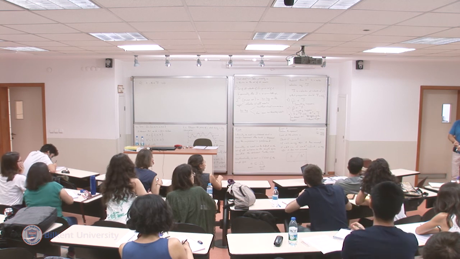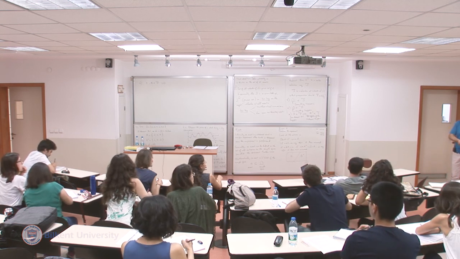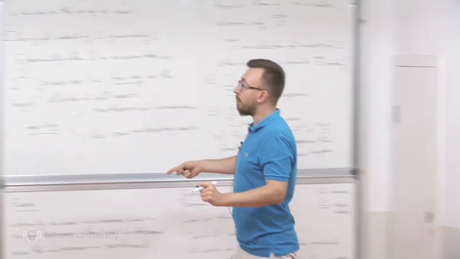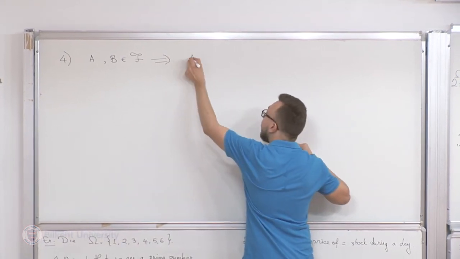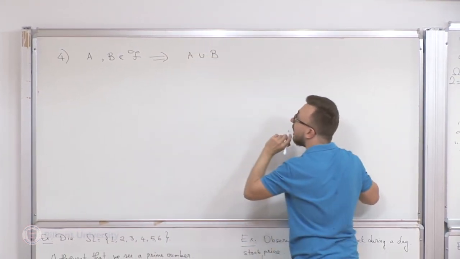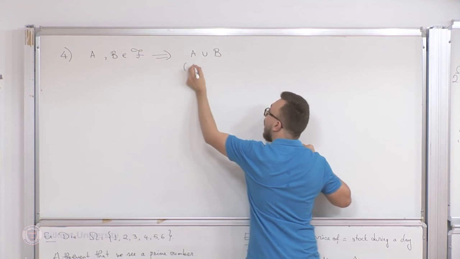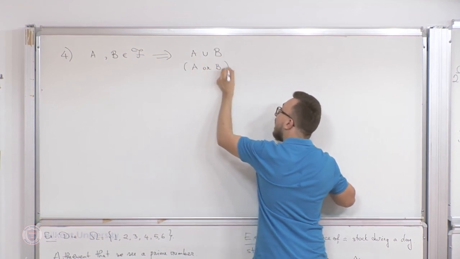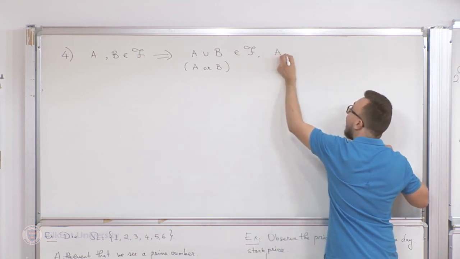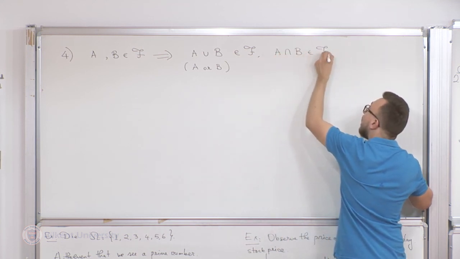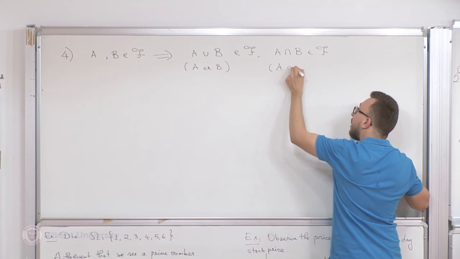Do I have a prime and odd number? Things like this are also interesting for me. If the statements about A and B are interesting for me, their union, so A or B, is also interesting for me. A and B is also interesting for me.